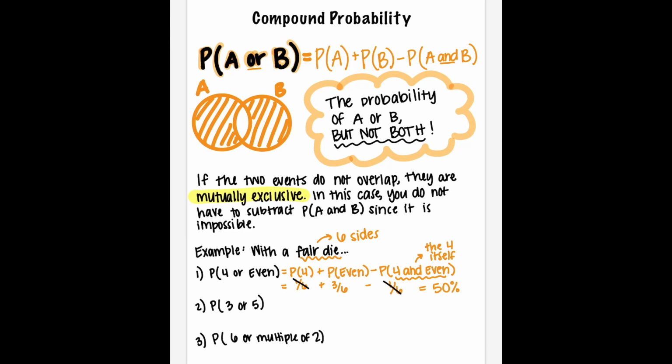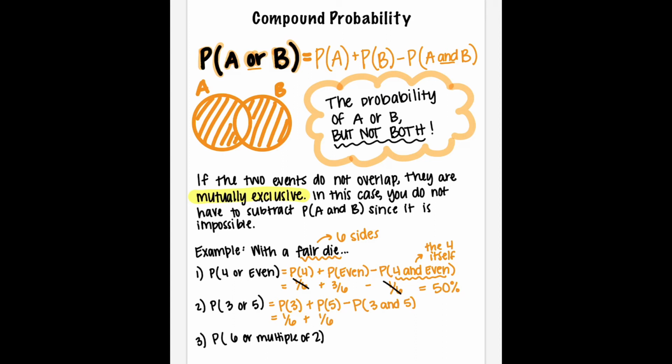Right? Now let's look at example 2, the probability of rolling a 3 or a 5. All right, well, the probability of rolling a 3 plus the probability of rolling a 5 minus the probability of rolling a 3 and a 5. Okay, so the probability of rolling a 3, there's only a single side that has a 3 out of all 6, so that's 1 in 6. The probability of rolling a 5 is 1 in 6.